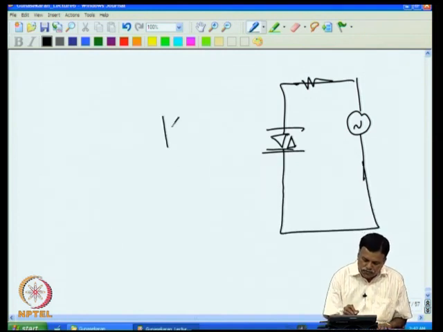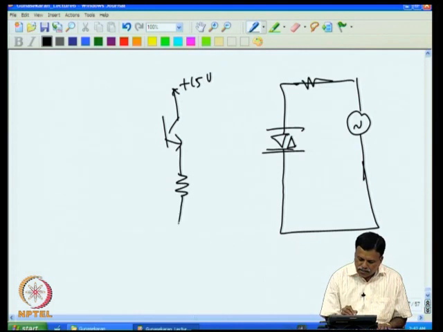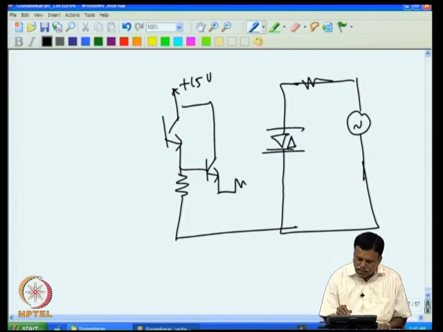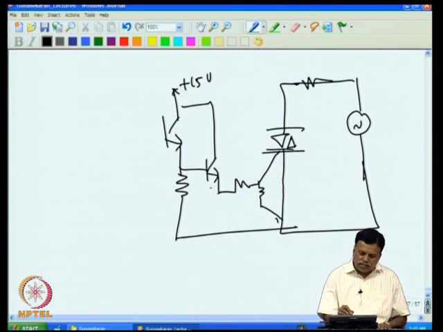If this is plus 15 volt, I can improve this by putting a current booster, because I want to push the current. Then to avoid dV by dt failure I can connect a resistance like this, so that when this is off, this is not floating and is connected to ground, so that the dV by dt triggering is improved and the noise triggering will not be there. So this is one possibility.